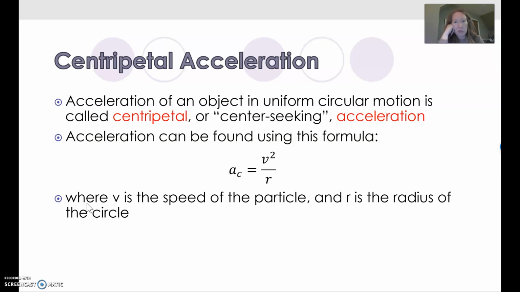Those examples can be described as an object experiencing centripetal acceleration. That's a special word that's used to describe this situation. And in this case, that word is just talking about the fact that the acceleration points toward the center of the circle.